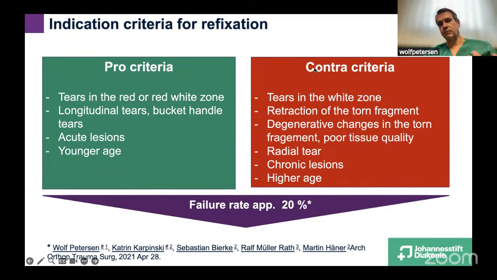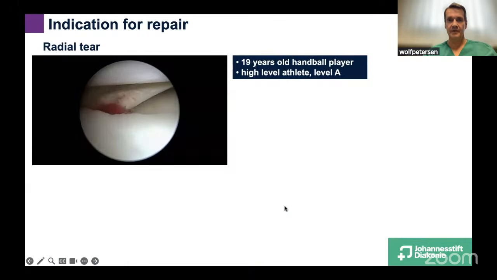Contra criteria are tears in the white zone, possible retraction of the torn fragment, degenerative changes in the torn fragment or poor tissue quality, radial tears, chronic lesions, and higher age. It's very important to consider all these factors, because the failure rate after meniscus repair is pretty high.